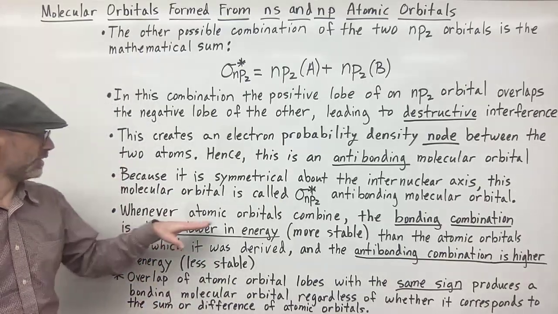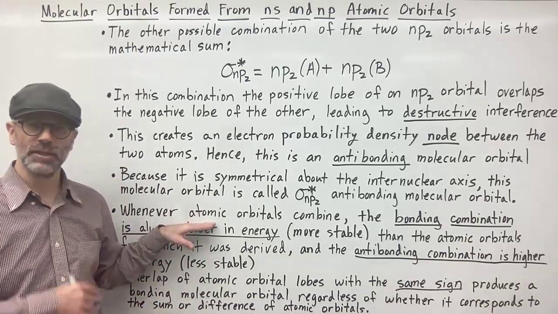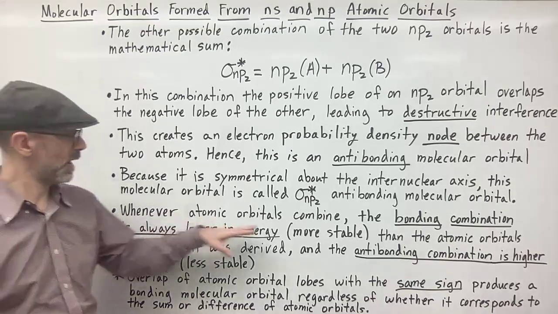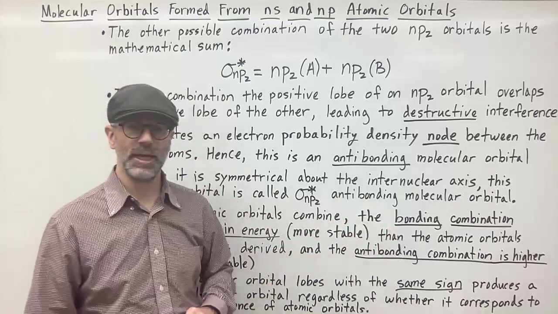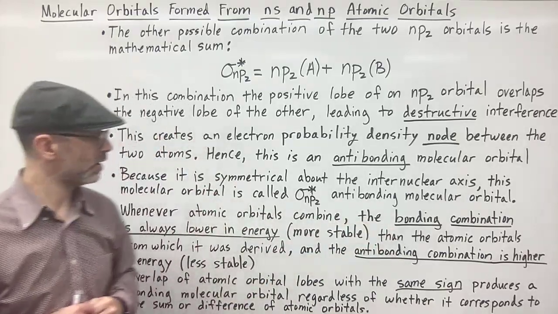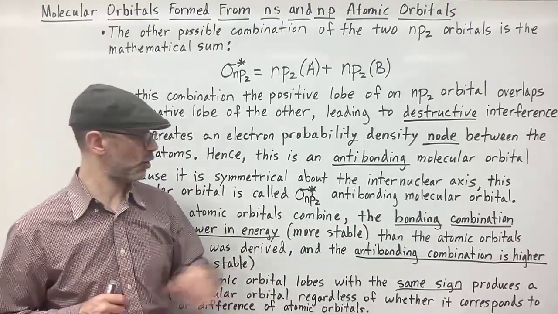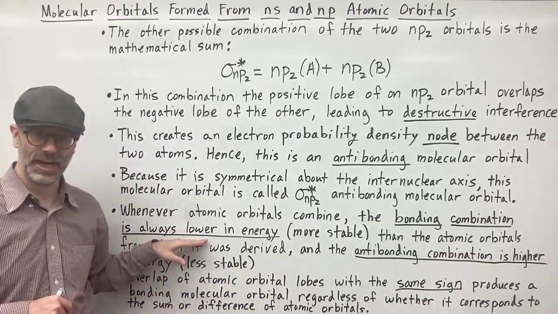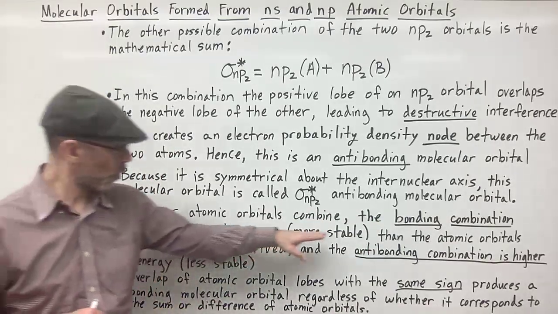So whenever atomic orbitals combine, we talked about this before, but I'll say it again. Whenever atomic orbitals combine, the bonding combination, if it's forming a bonding molecular orbital, is always lower in energy or more stable.